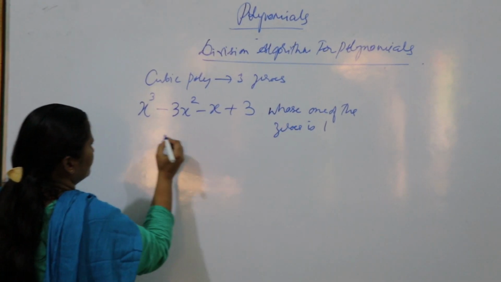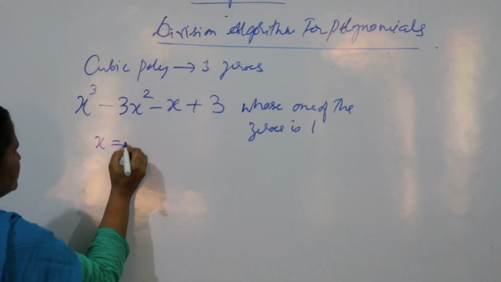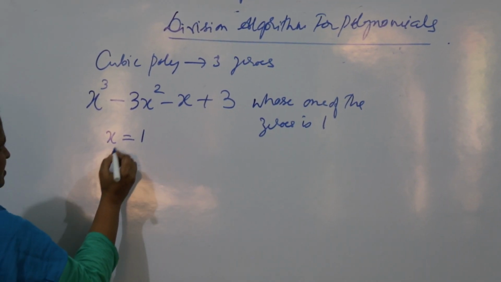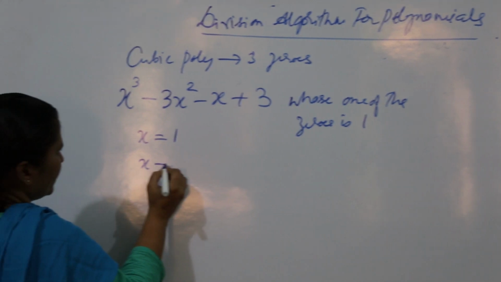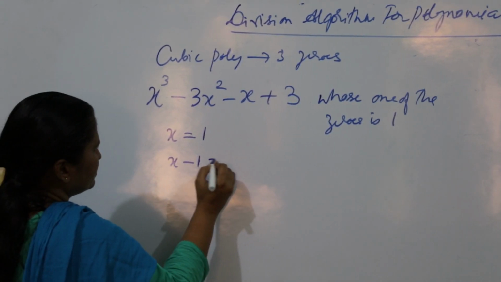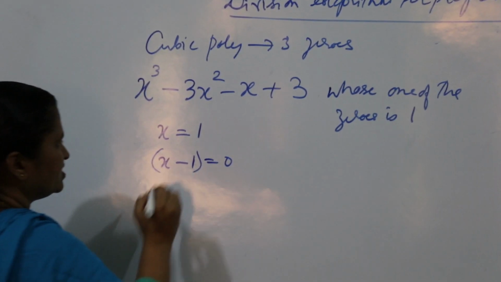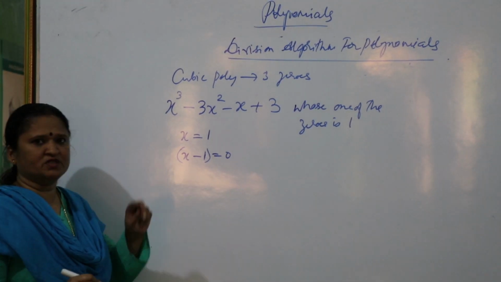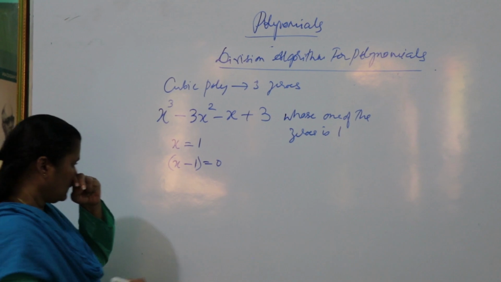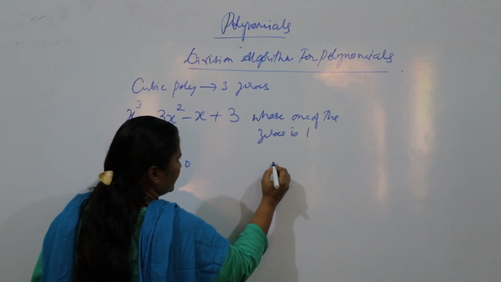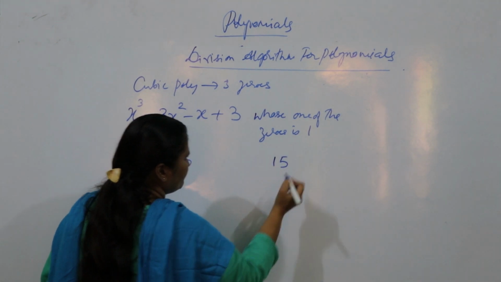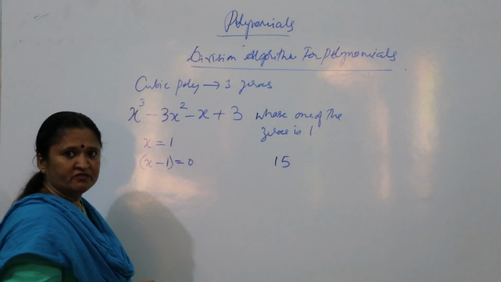When I say the zero is 1, it means x is equal to 1, right? This can be written as x minus 1 is equal to 0. We'll keep this on one side. Now let us take the number 15.